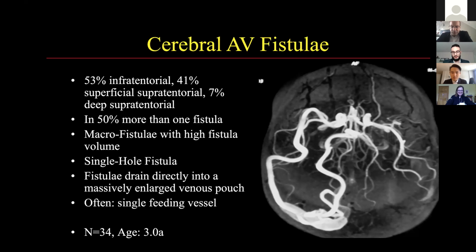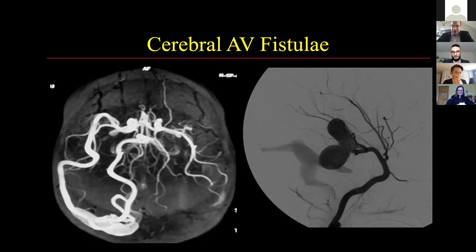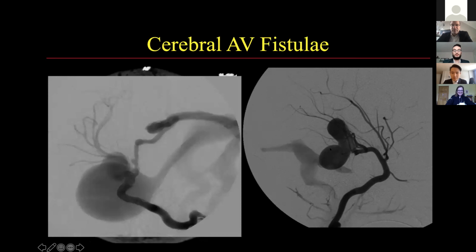This high flow directs the flow away from the brain. You can see here that the majority of the contrast, the majority of the blood, is going directly into this venous pouch.